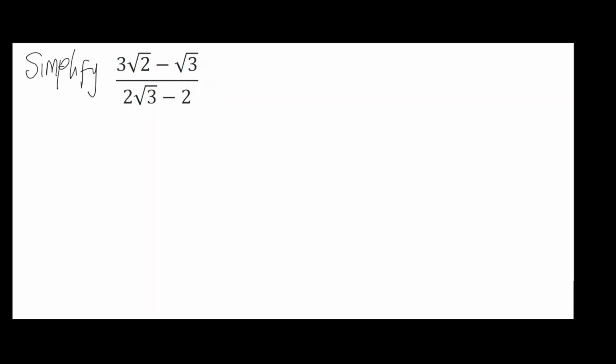Now when we have a short question like this, where we have a numerator and a denominator, as in this case, what we need to do is we rationalize by the conjugate of the denominator. Let me write it down.